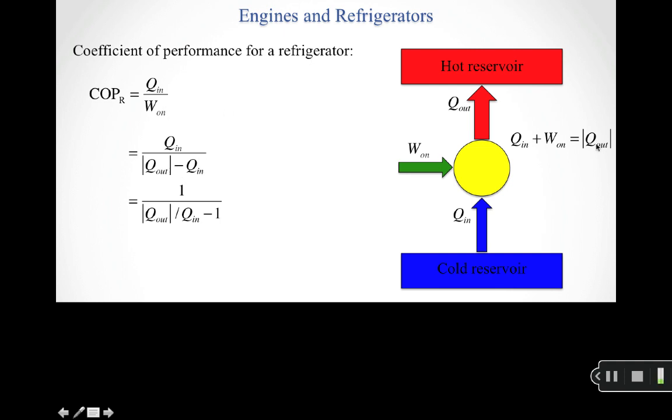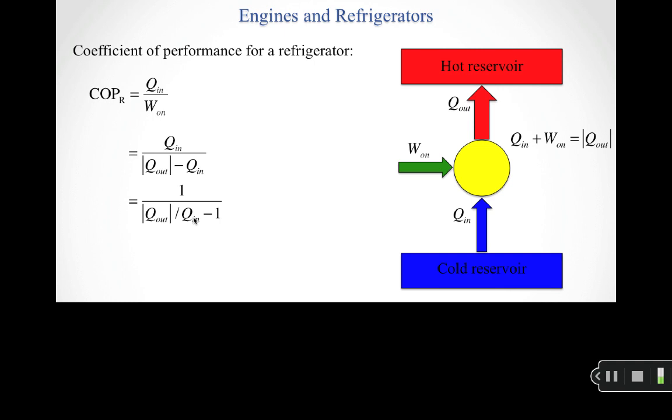We can rearrange this, since the work on has to equal Q out minus Q in, so I can plug that in on the bottom, which gives me an expression just in terms of Q's that only cares about the ratio of the energy dumped out as exhaust to the energy that I took in initially, trying to cool down whatever was in the fridge.